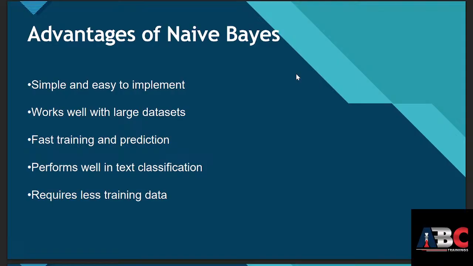Naive Bayes can handle such large datasets efficiently without requiring excessive computational power. Because it relies on probability calculation rather than a complex optimization process, it can scale easily to large amounts of data. Fast training and prediction.